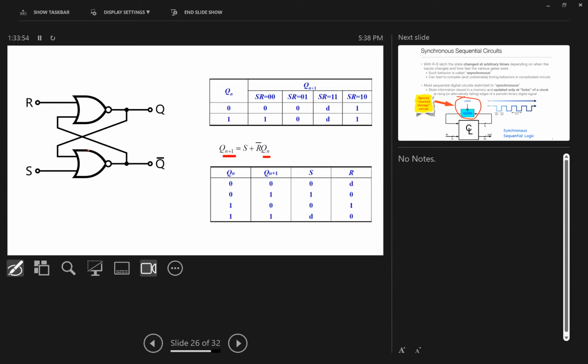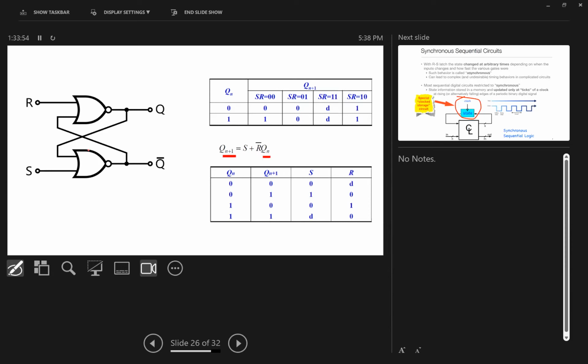So we call this latch an RS latch. S here represents set, and R here represents reset. The set here is that when S is 1, we are going to set Q as 1. And when R is 1, no matter what Q is, we're going to reset Q as 0.